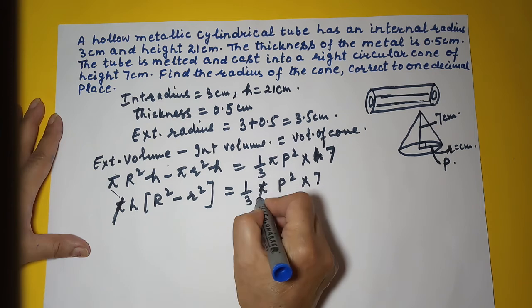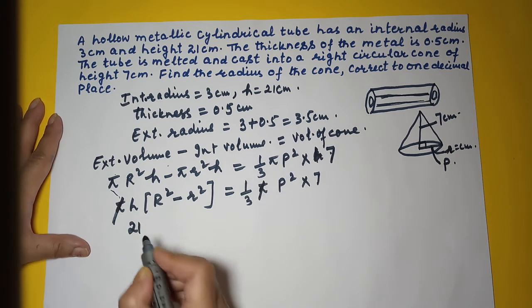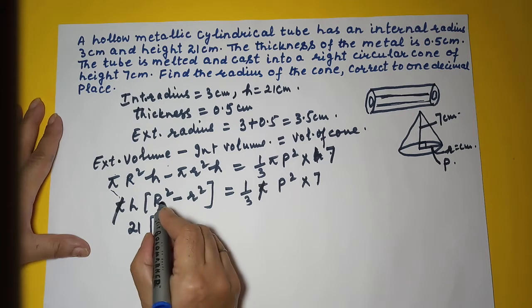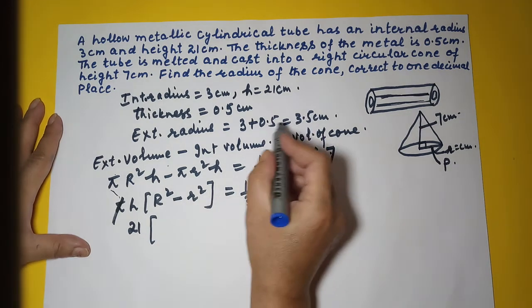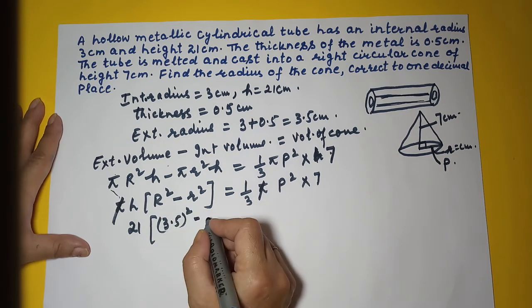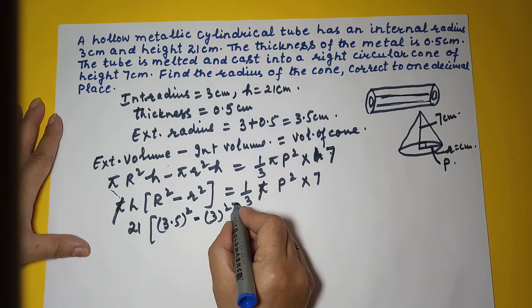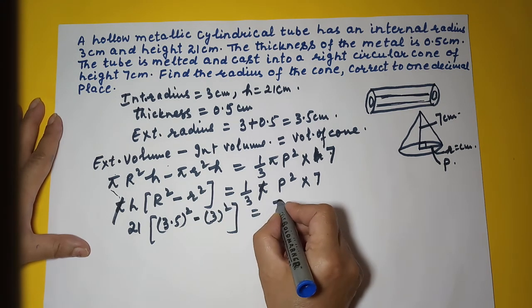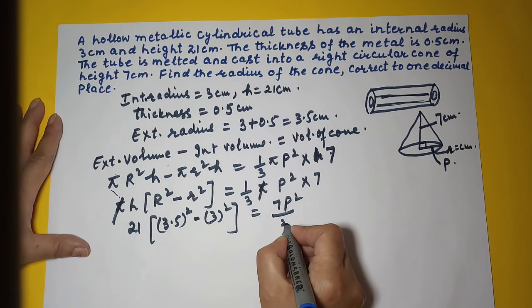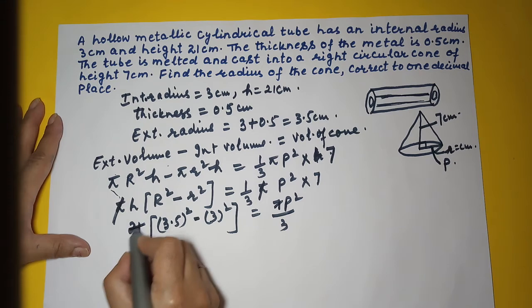Now pi and pi will go. The height of this is 21 centimeters, and here R square is 3.5 whole square minus small r is 3 whole square, is equal to 7p square by 3, right? So you can even cut this 7 3s are 21.